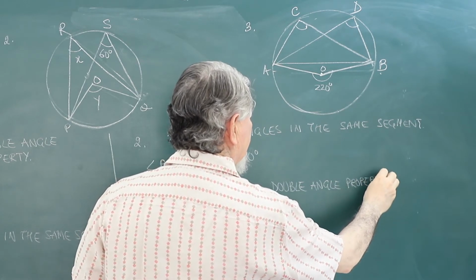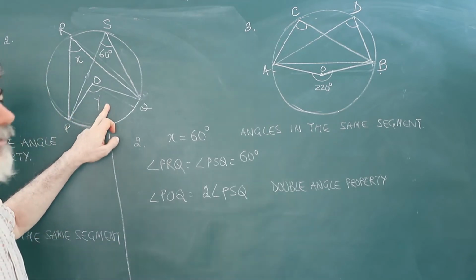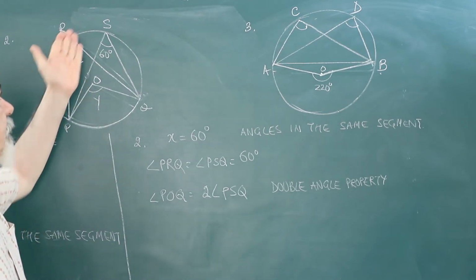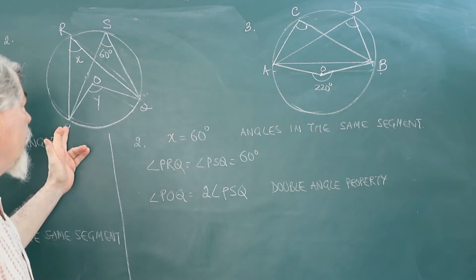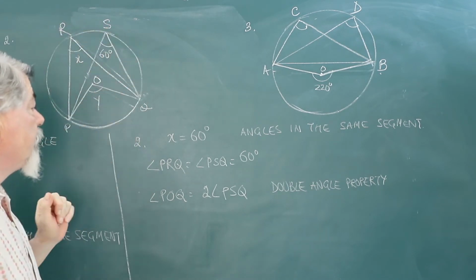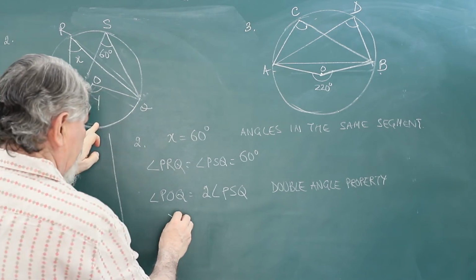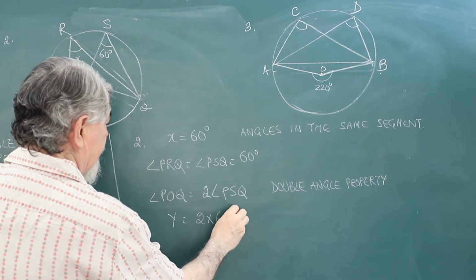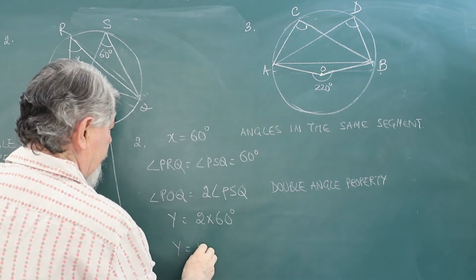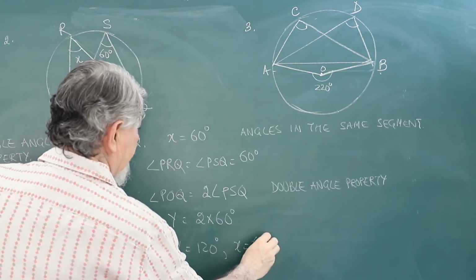That angle subtended by an arc at the center of the circle is double the angle which it subtends at any other part, on the remaining part of the circumference. POQ is Y. It will be double of PSQ, which is 60 degree. So Y will be 120 degree and X is 60 degree.